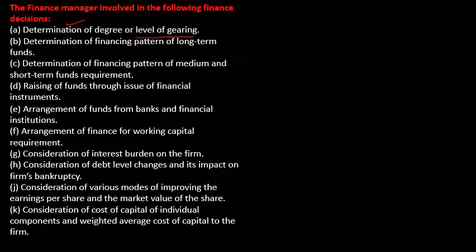Generally 1:2 is the ideal capital structure, or the ideal debt equity ratio. It may change, and if there are any fluctuations, then they have to maintain that particular relationship or ratio between debt and equity.